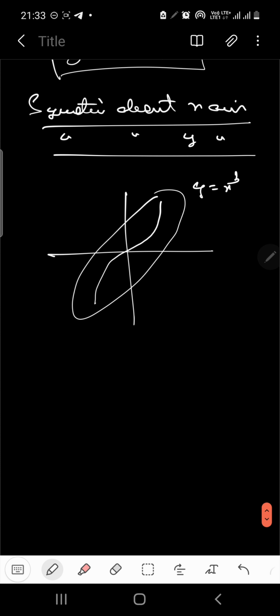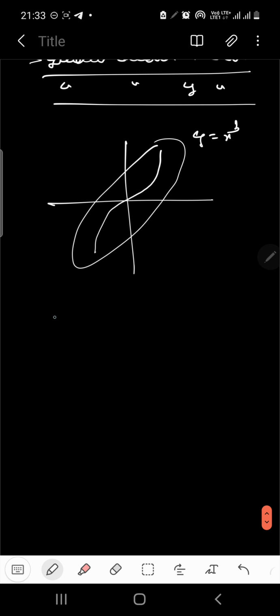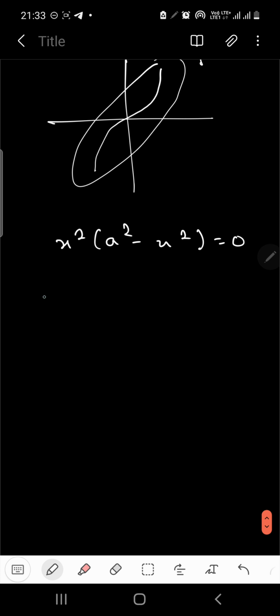Further, let us talk about the intersecting points. Putting y equals 0, we have x square times (a square minus x square) equals 0. So from here we get x equals 0, 0, a and minus a.